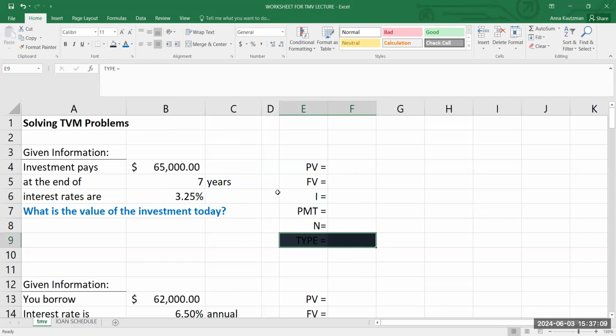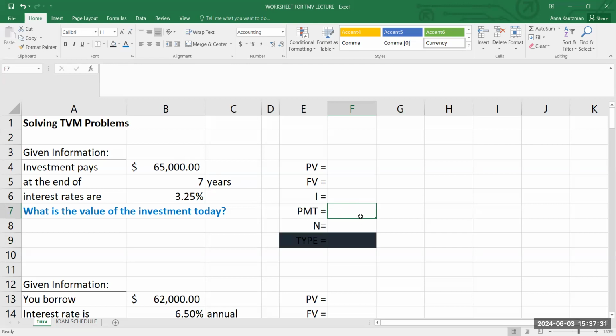So it pays $65,000. That's a payment, but it's one payment, not a series. So it is not payment. The payment in these problems refers to a regular ongoing series.